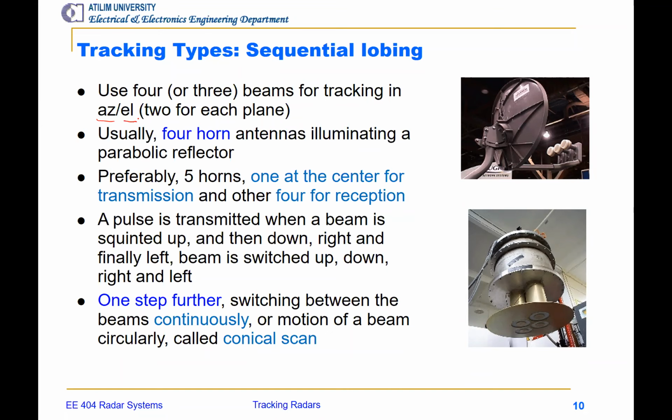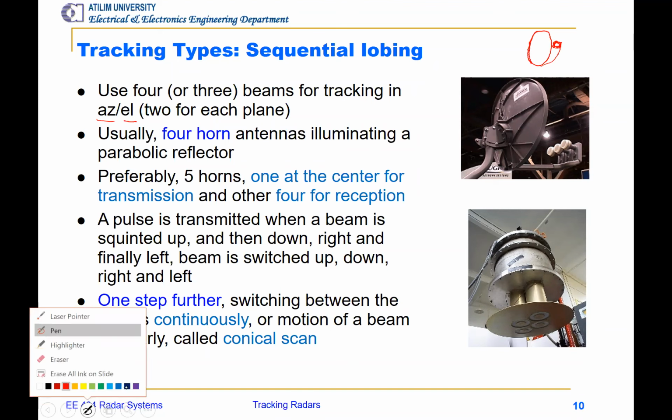Probably the most common system that we can see in daily life is a parabolic dish. On the roofs, for satellite systems, we have an antenna system. Usually it has a parabolic dish, and the parabolic dish is illuminated by a feeder, which is a horn antenna.